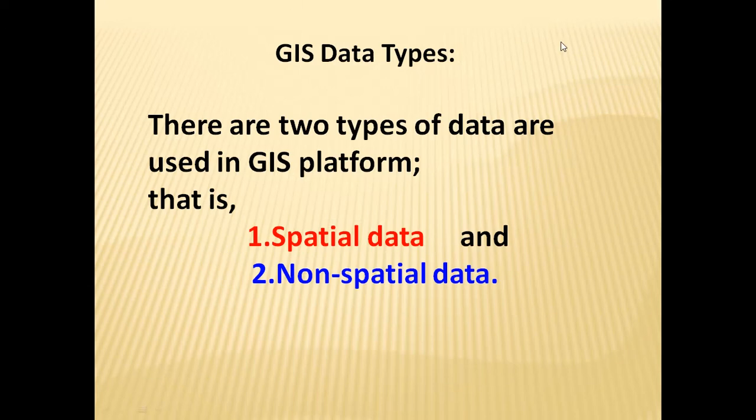Now, GIS data types. There are two types of data used in a geographic information system platform, spatial data and non-spatial data. Spatial data is nothing but earth surface features, geographical features. Non-spatial data is related to tabular data.